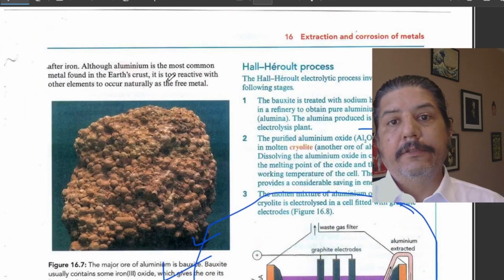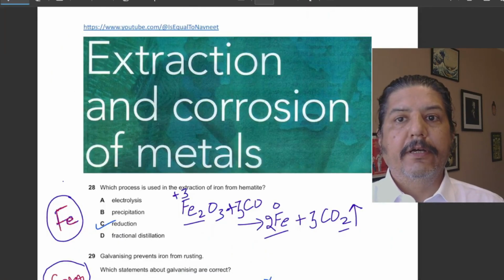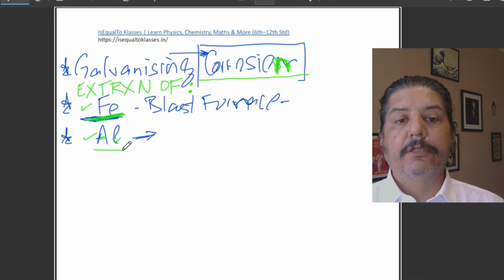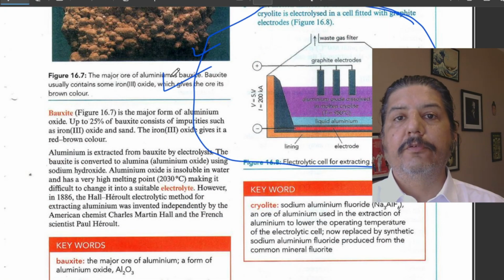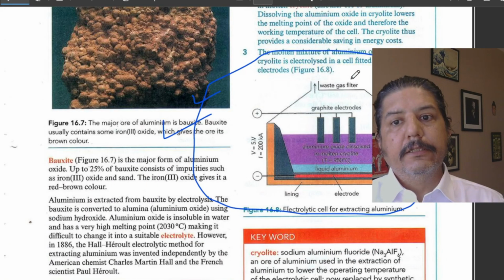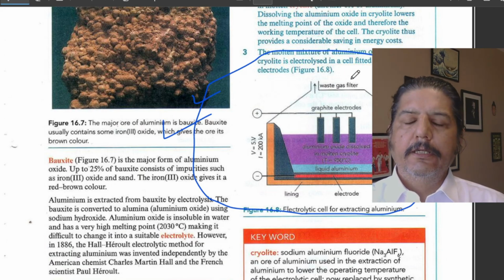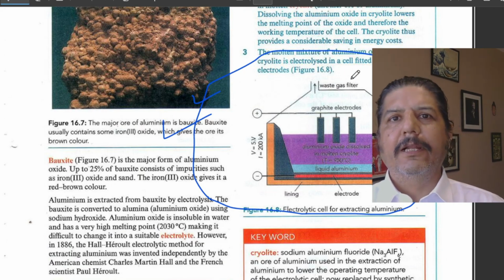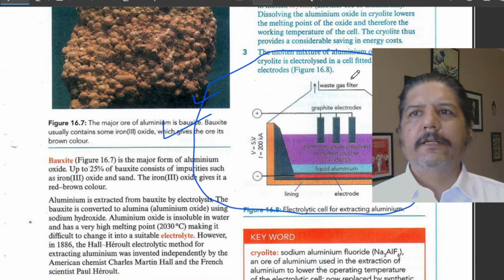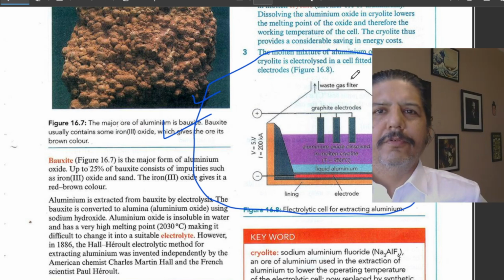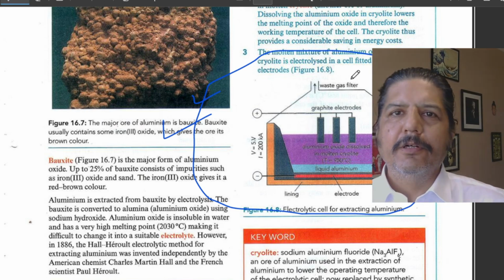Then the second topic, the extraction of aluminium. This is how the extraction of aluminium takes place. It's a fairly simple process, but again, if you don't understand the nuances of electrolysis, then this might become difficult for you.